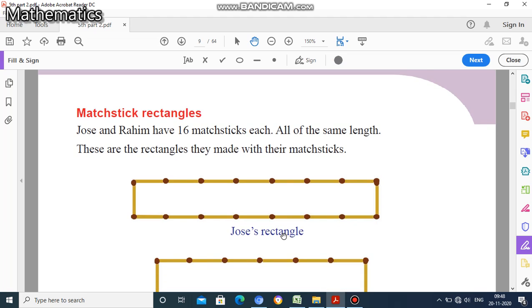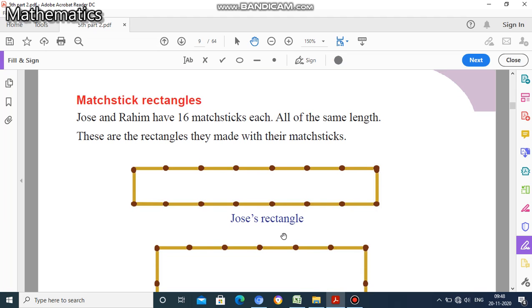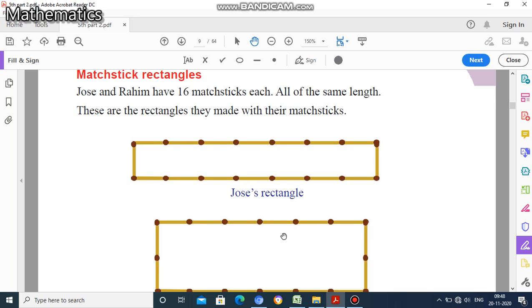One rectangle is given here, that is Joe's rectangle. The first one is Joe's rectangle. Can you count the number of matchsticks in length? 1, 2, 3, 4, 5, 6, 7. Then here, 8, 9, 10, 11, 12, 13, 14, 15, 16.